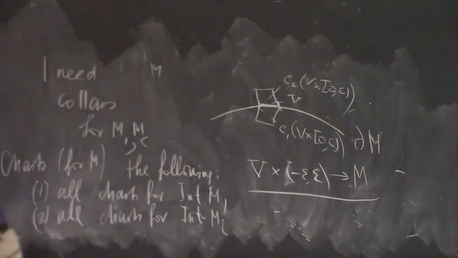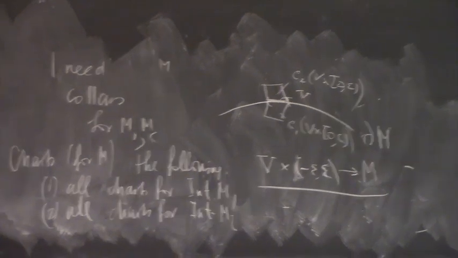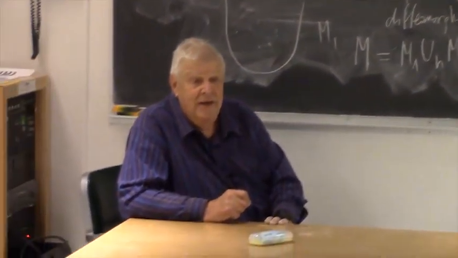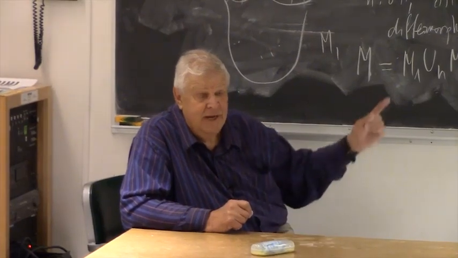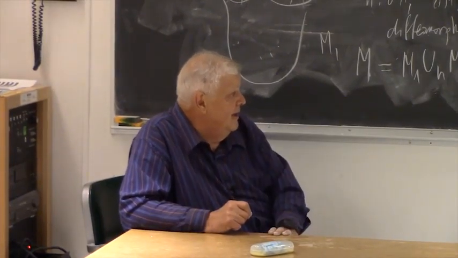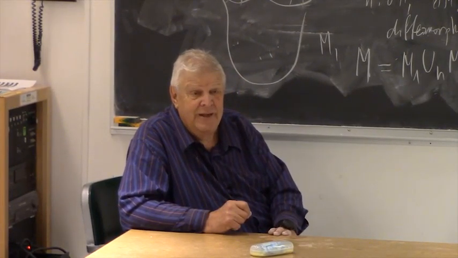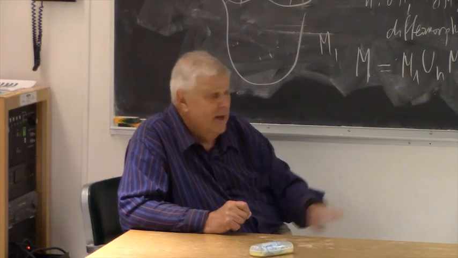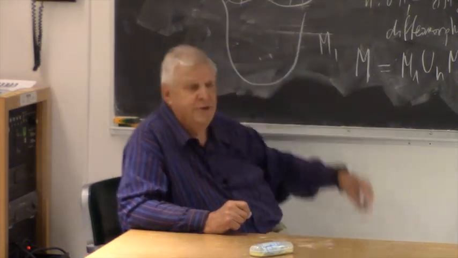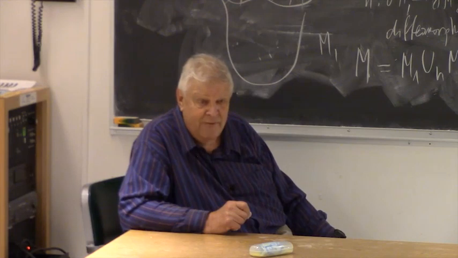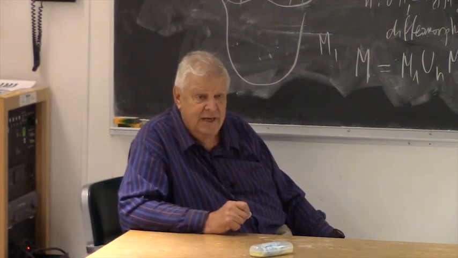V times negative epsilon epsilon is an open set in Rn. The map is 1 to 1, and obviously this chart is compatible with the charts of both the atlas for interior M1 and the atlas for interior M2. So in this way, I define a smooth structure on this manifold.